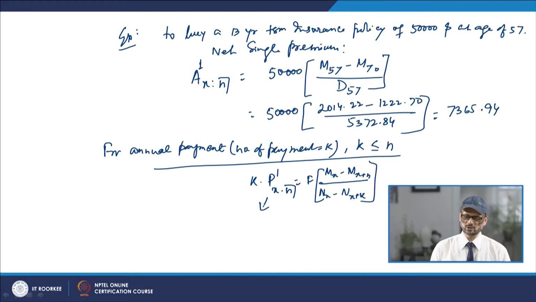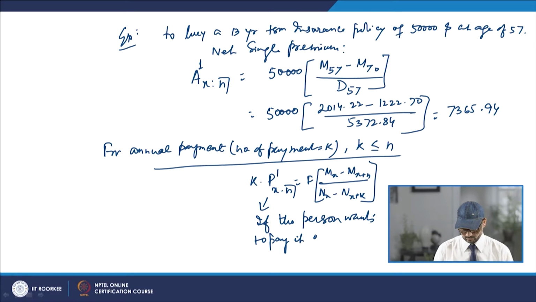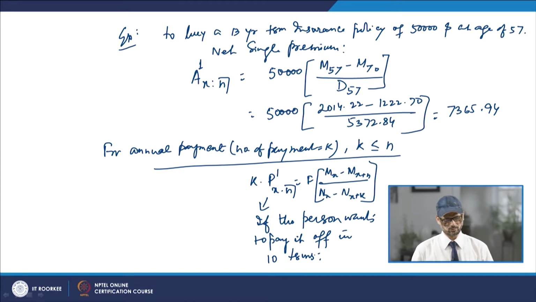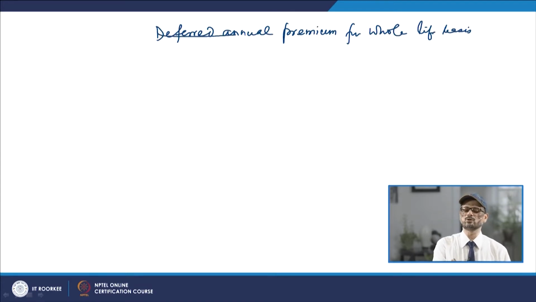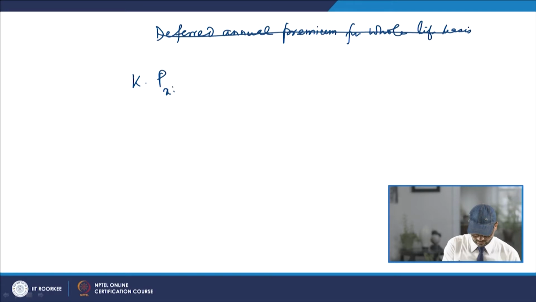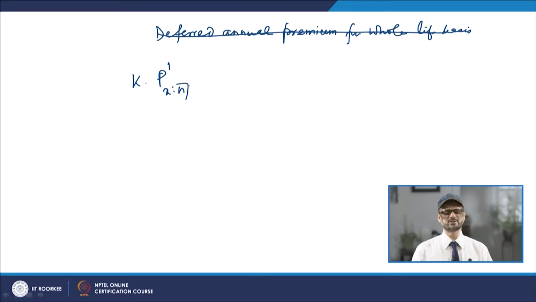So suppose the same person wants to pay it off in 10 terms. How can this be computed? For that, you are going to calculate again k into p x n, where k is 10.